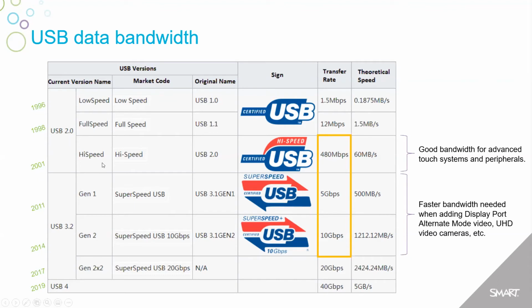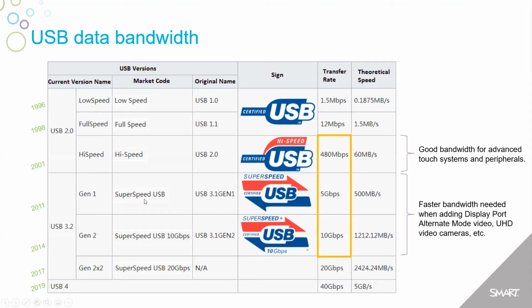USB 2.0 high speed is good for about 480 megabits per second, and that's fantastic for multi-touch interactive displays and a few peripherals like keyboards, mice, and low-resolution webcams. When we get into a need for adding video over this, high-resolution webcams or DisplayPort alternate mode, things like that, we need faster stuff.